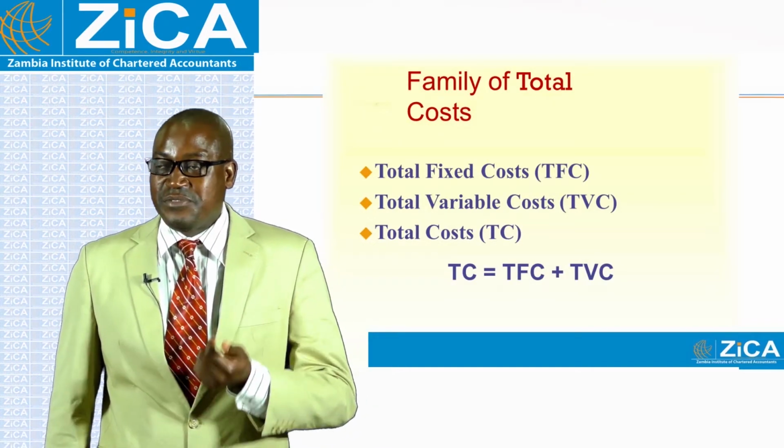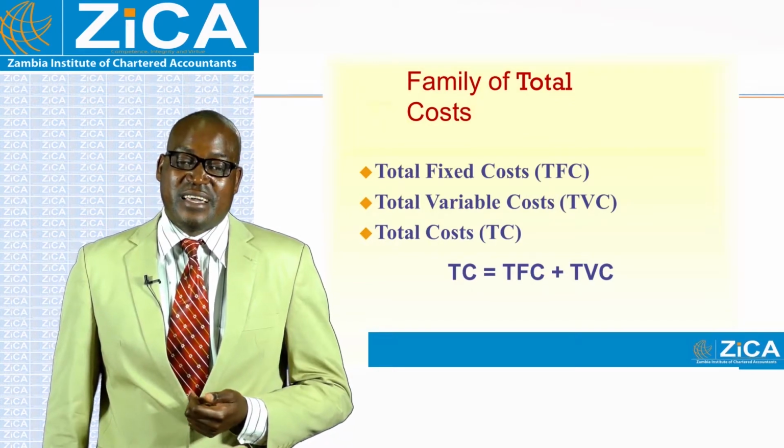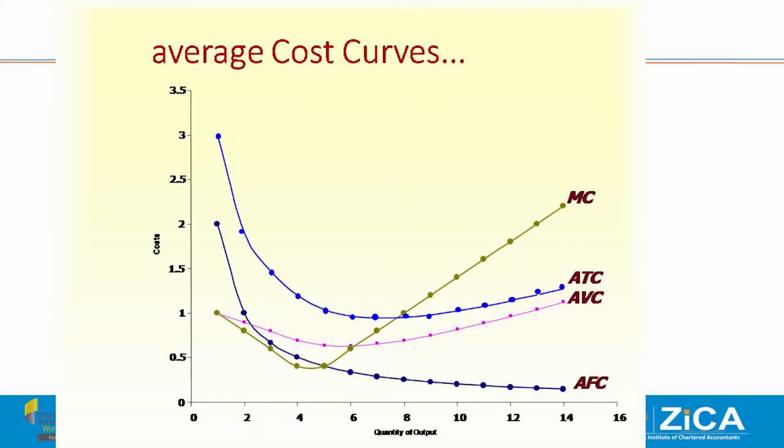and then the issue is done. Once we have calculated these curves or these costs, it is also very important that we understand the shapes that they take and explain why they behave the way they do. It is imperative to take note that the marginal cost curve, the average total cost curve and the average variable cost curve all trace out a U shape, meaning that they start high, but they fall as more and more units are produced before rising again.